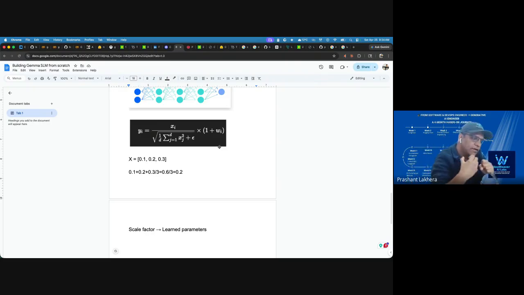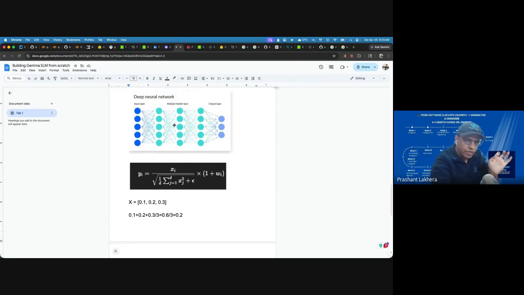So that is why the idea of the scale comes in. This is just to introduce training stability, to make sure that the weights being propagated across the layers will not become too small or too big.